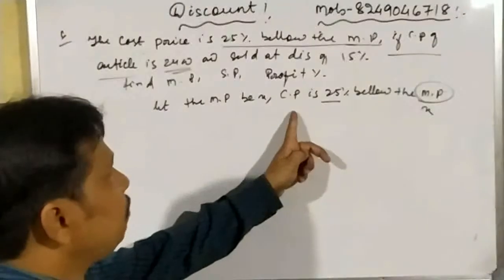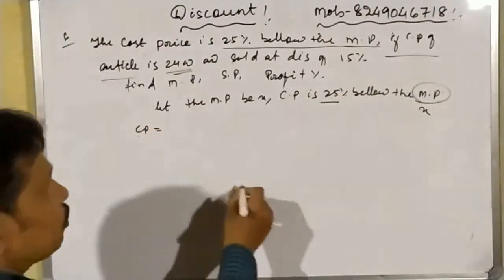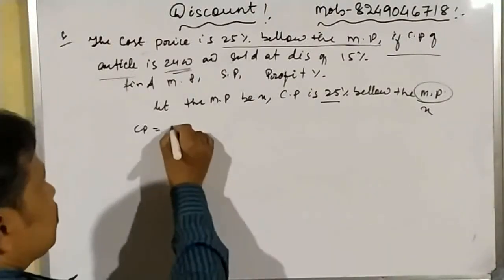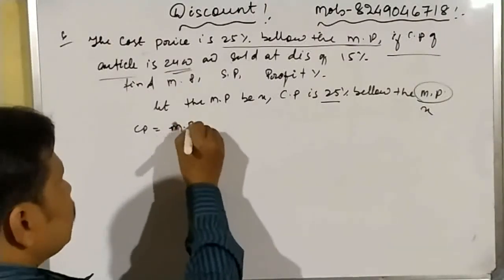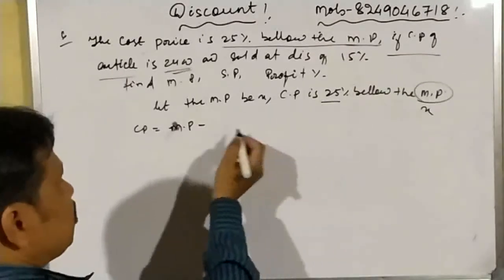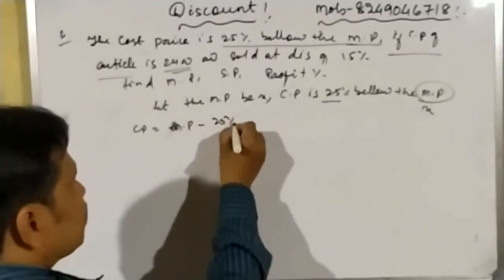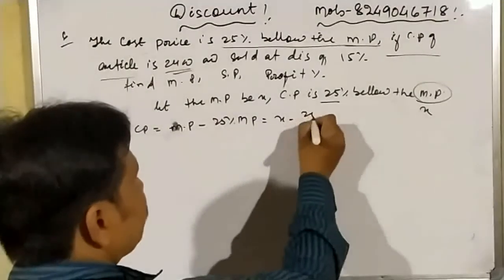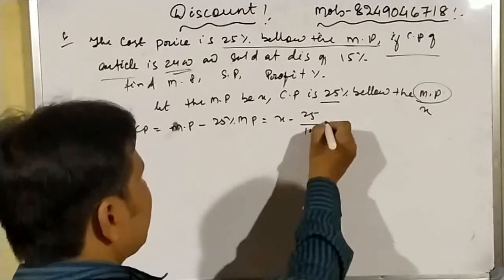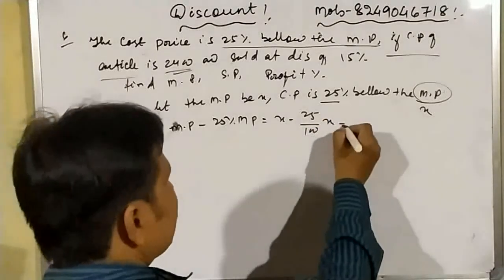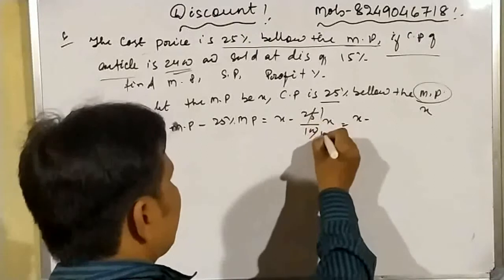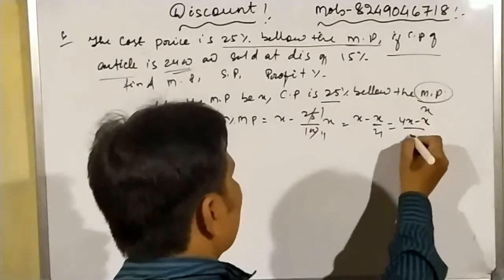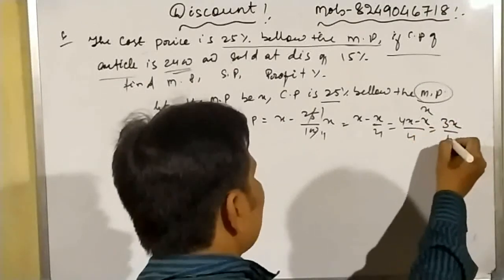CP is equal to mark price X minus 25% of the mark price, which is equal to X minus 25 by 100 of X. So the result is X minus X by 4, that is 4X minus X by 4, which is equal to 3X by 4.